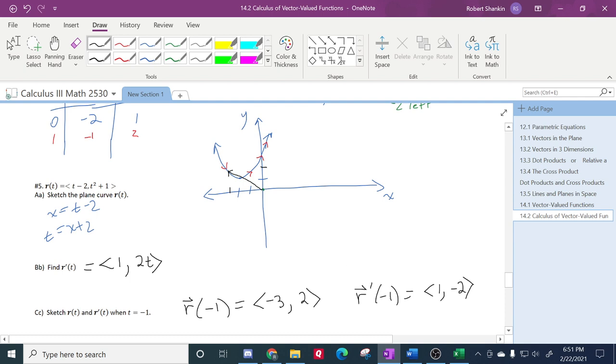And then r prime of negative 1 is 1, negative 2, and it's right here.